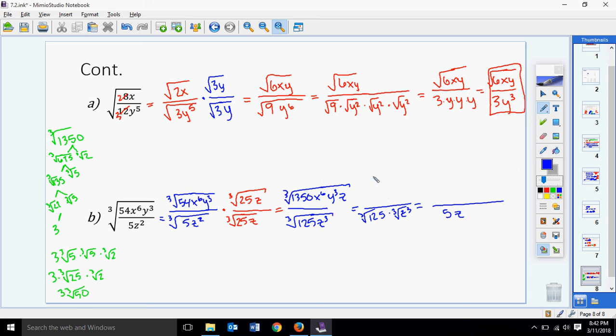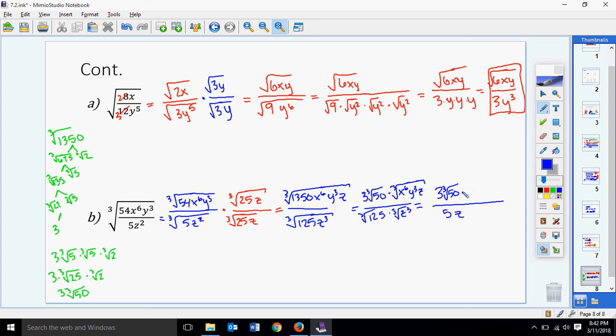So that was just my number part. I have 3 cube roots of 50, but I'm also taking the cube root of x to the 6th, y to the 3rd, and z. So let's work on our variables. I still have 3 and then cube root of 50 for my number.